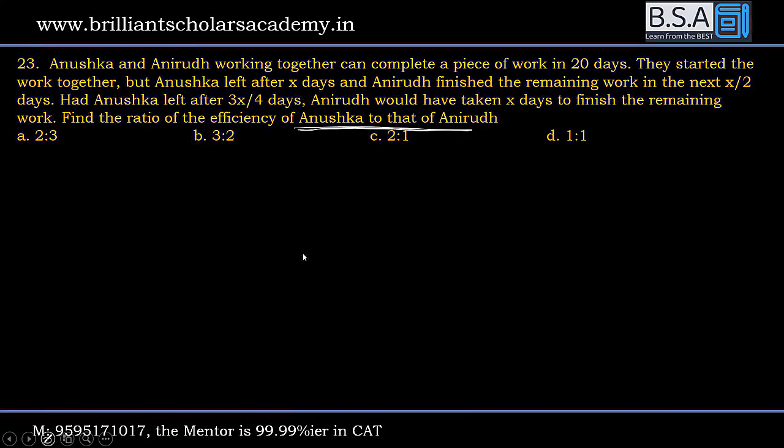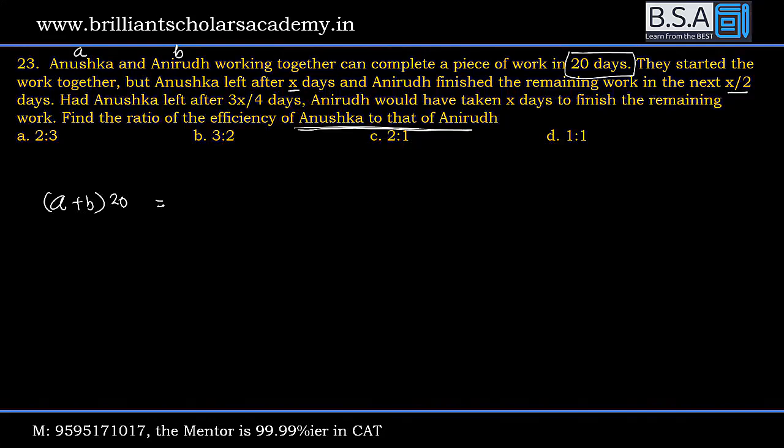So here the question starts by telling us that two individuals can complete a piece of work in 20 days. They start working together and Anushka left after X days. Anirudh finished the remaining work in X by 2 days. I'm assuming the speed of this person as A and this person as B. The total work is A plus B into 20.